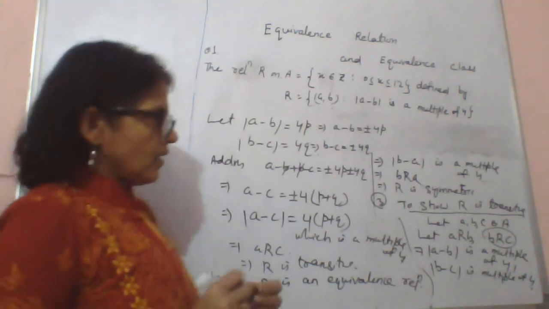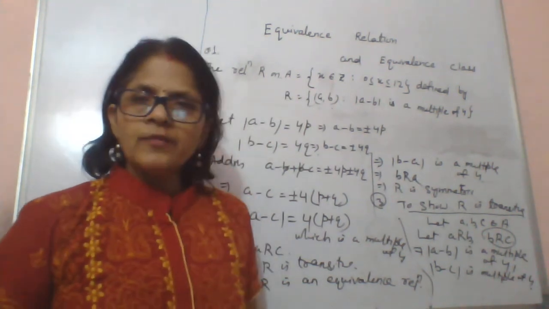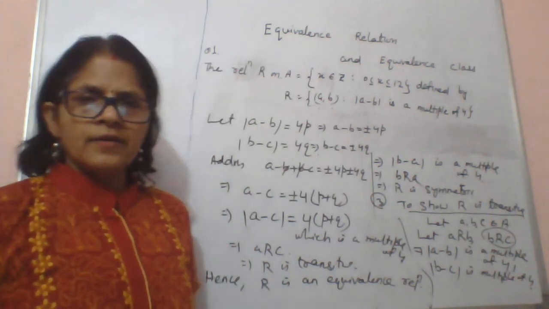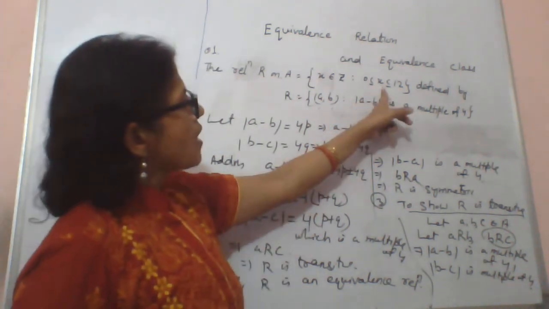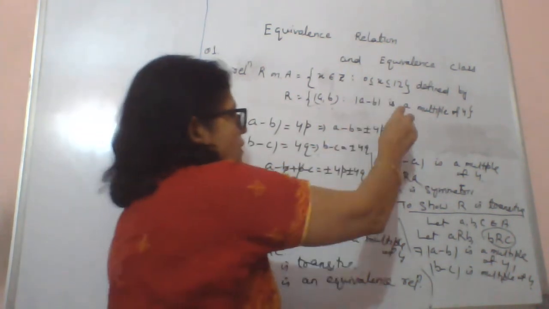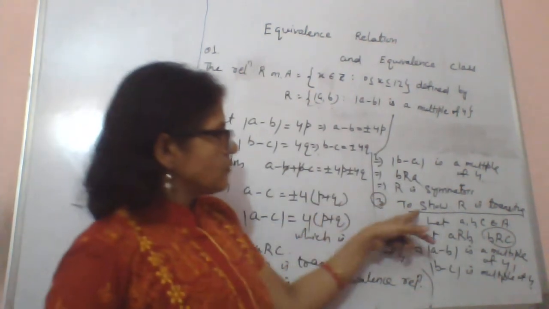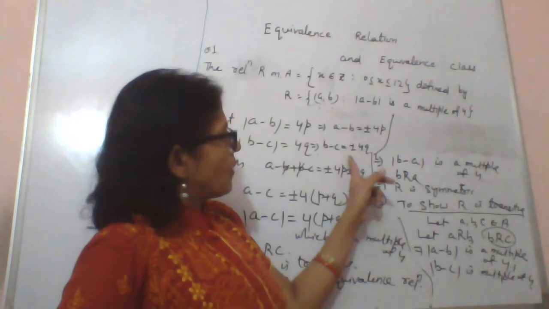Okay. And also the second part of the question is find all the elements related to 1. So all the elements means out of these 0 to 12. All the elements related to 1 means here relation means mod A minus B divisible, mod A minus B is a multiple of 4.